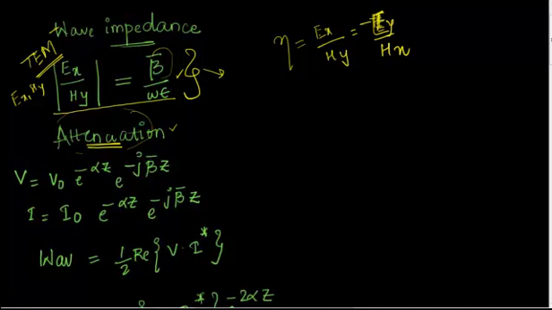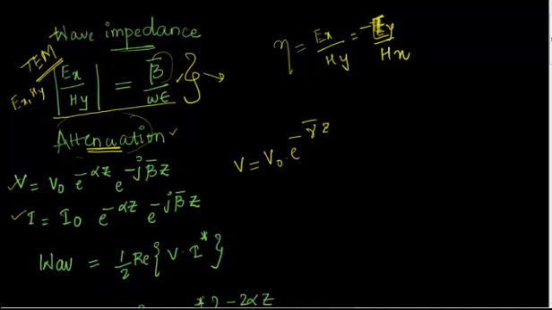Now consider the voltage wave and the current wave. As I previously said, any equation can be written as V equal to V naught into e power minus gamma bar z. I also said gamma bar can be written as alpha plus j beta.